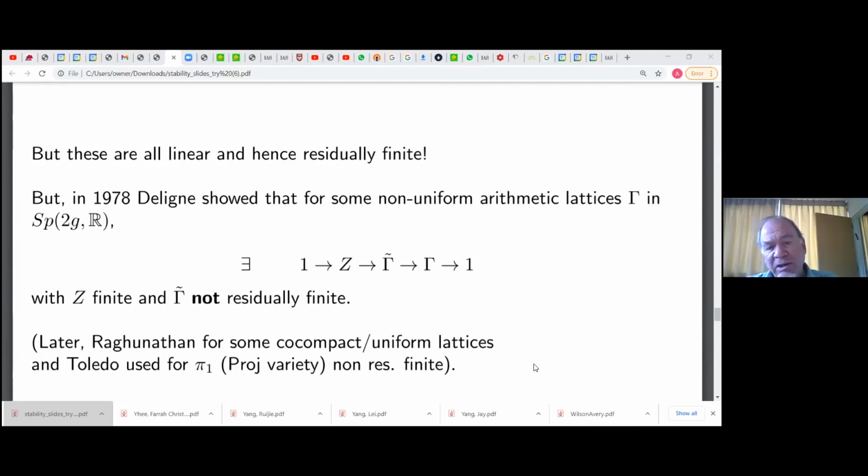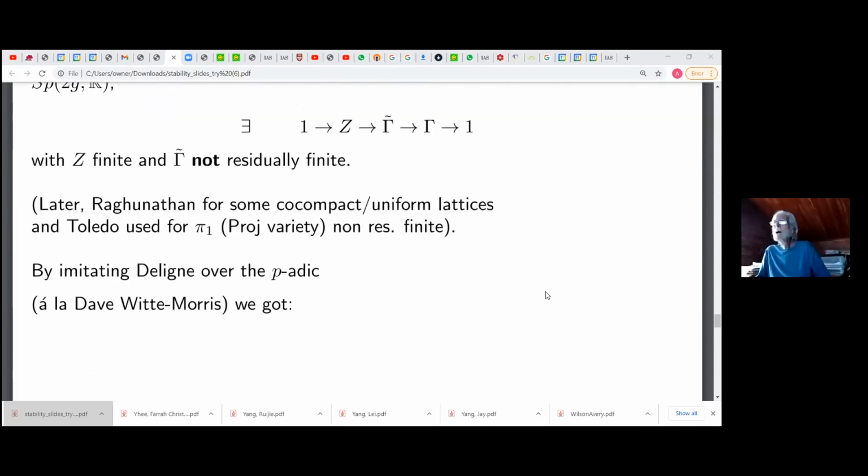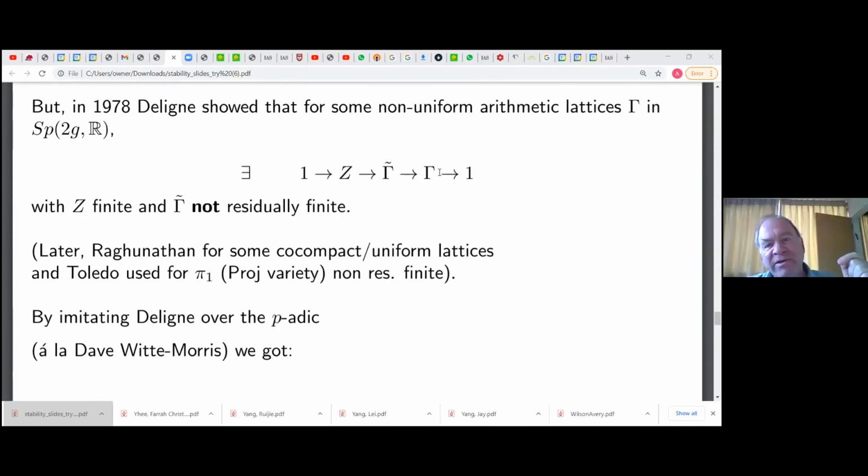Now what we did, we took the construction of Deligne and imitated it over the p-adic numbers. Namely, we started with such a group gamma, a lattice, which is an arithmetic group over the p-adic numbers, one of those groups for which the Deligne theorem is valid.